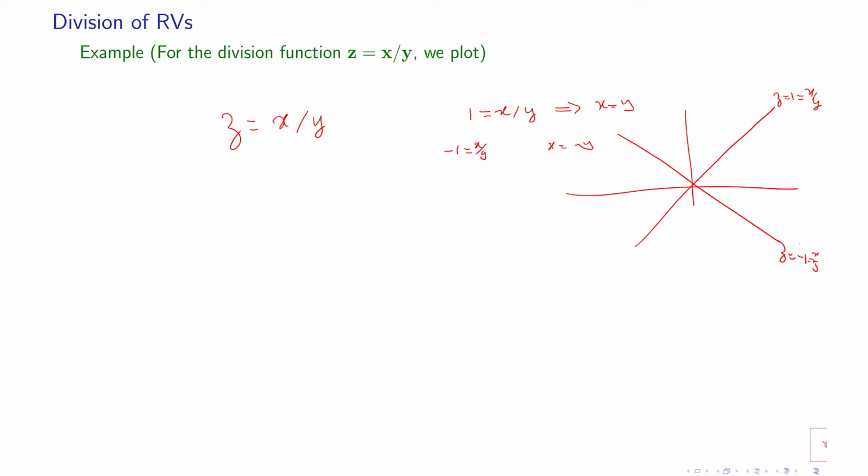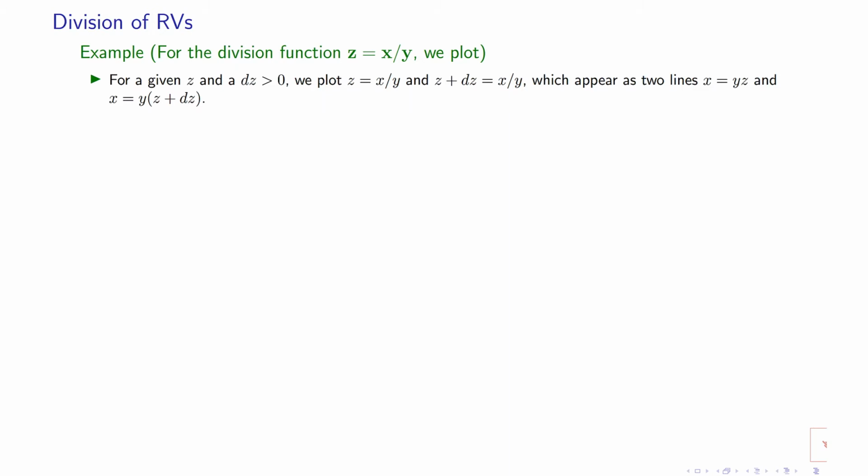So you could plot these for different values of z. If z is equal to 0, then you get another curve and so on. For a given z, this curve will become a line, and we consider another dz, so it becomes another line. So we get two lines. So let's say z is positive, you get one line.